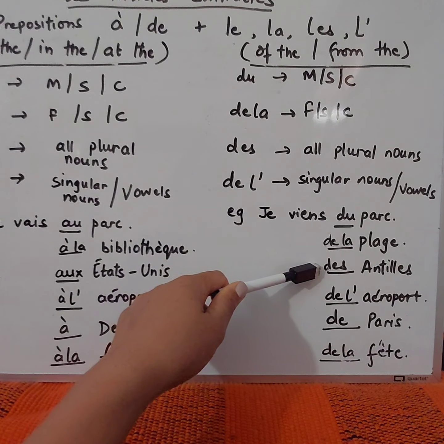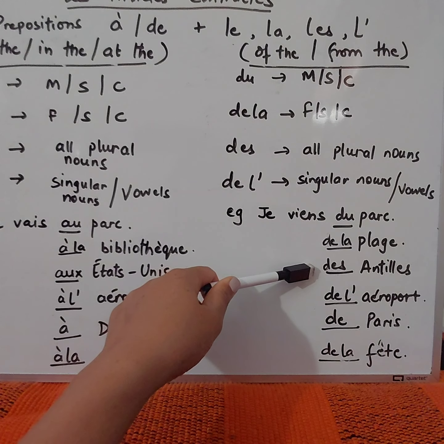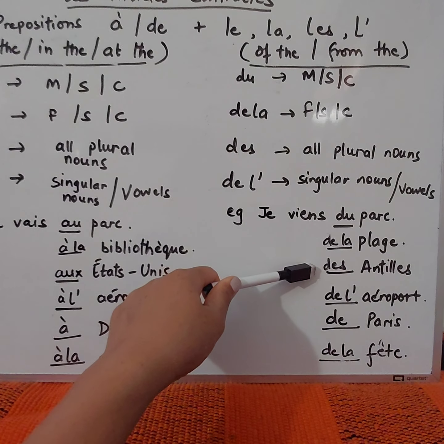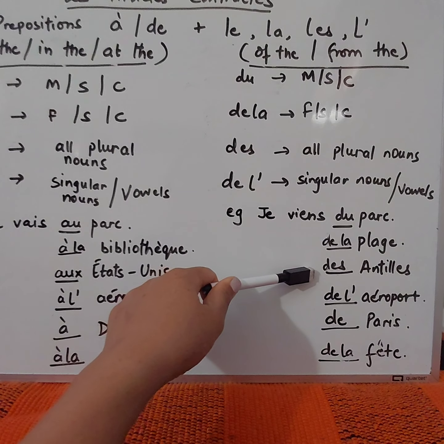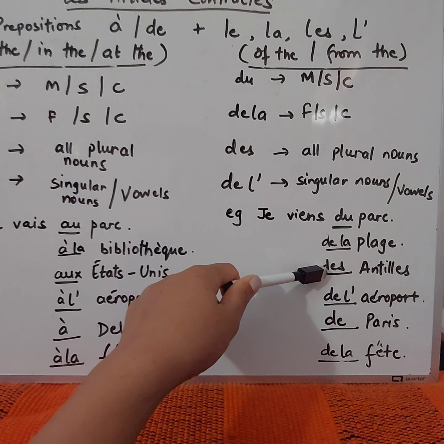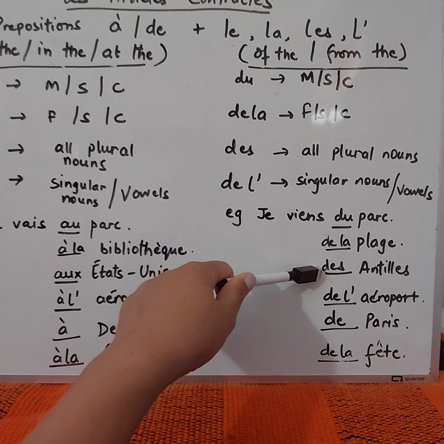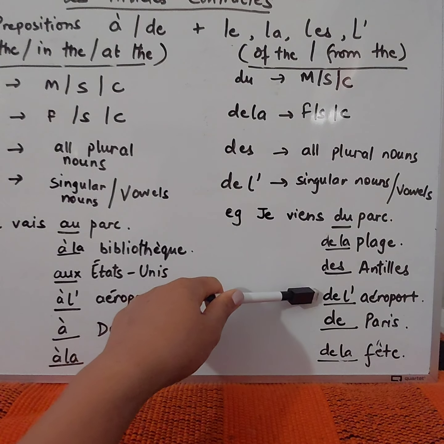The next one, je viens des Antilles. Now you know Antilles is the name of a country, right? That is West Indies. So je viens des Antilles, it is considered to be a plural country like États-Unis, right? So we always write des before it. I'm coming from Antilles. Antilles is West Indies. Then next one, I'm coming from the airport.